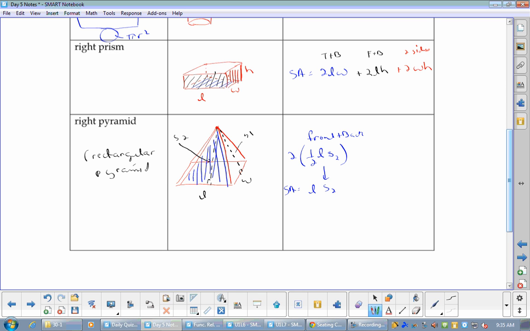So I didn't want to just write down L times S2, because people would be like, what did that come from? Must be magic. I'll just memorize it. The little 2 is there because that's the slant height, and there are 2 slant heights. So now we're going to do plus the 2 sides. So that would be plus 2 times, how would I find the side?